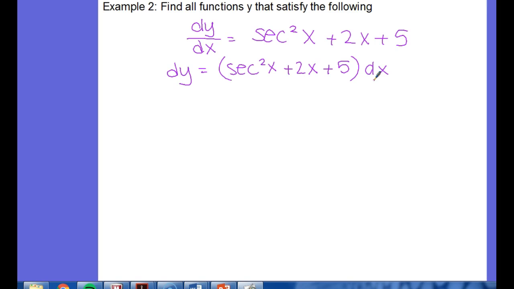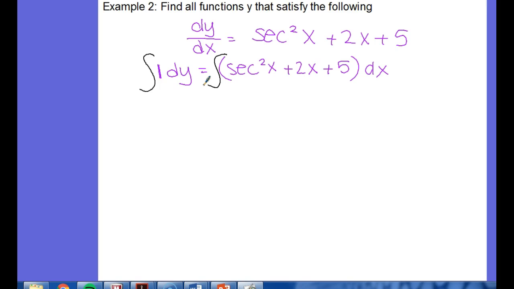What is kind of in front of this dy? 1, right? So if I told you to find y, how do I find y? Well, I integrate dy. So we're going to integrate the left, and we're going to integrate the right.